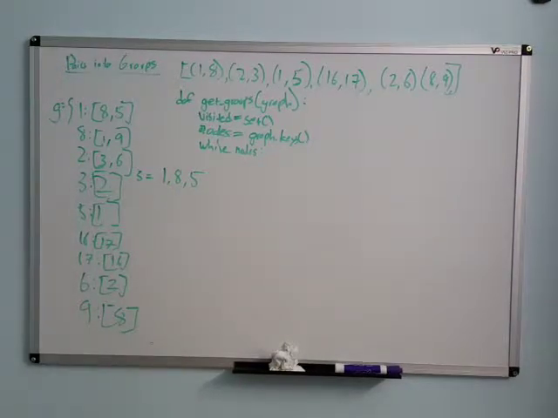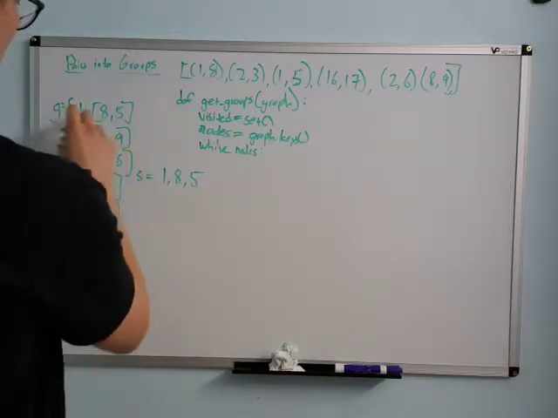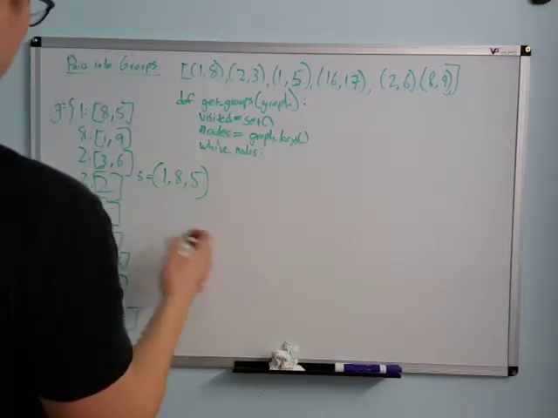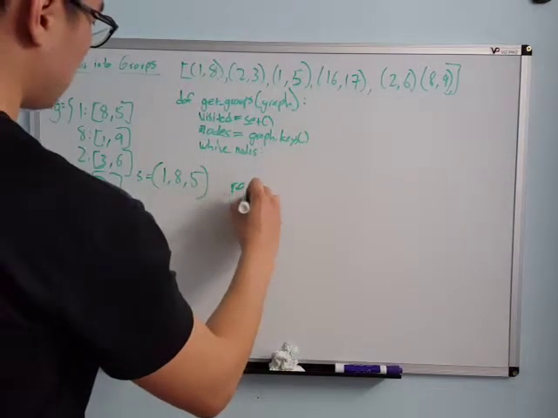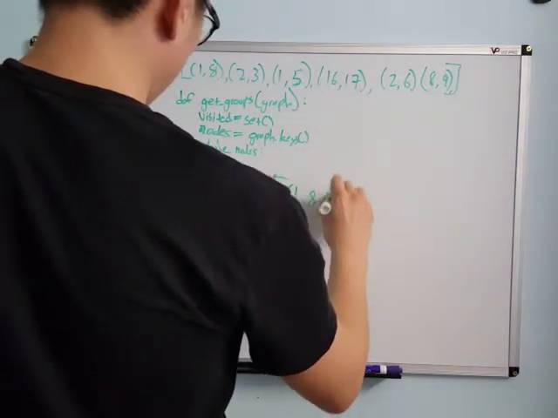And then when we go to 8, we would check if 8 exists in our current result, which it does in here. So when we finish here, we would get the set and append it into our results. So our current results would be an array of one set with 1, 8, and 5.